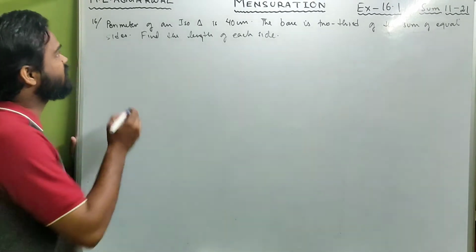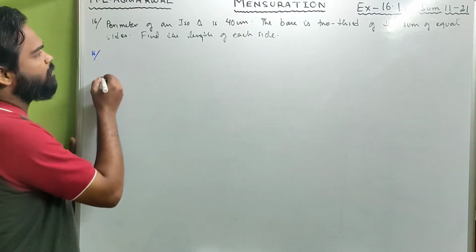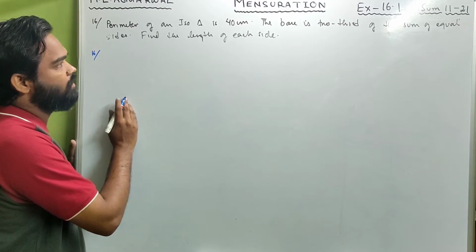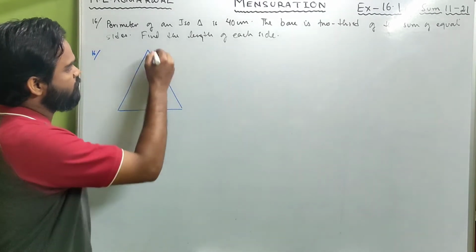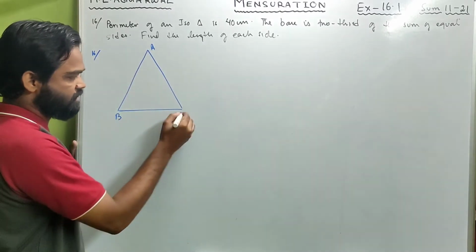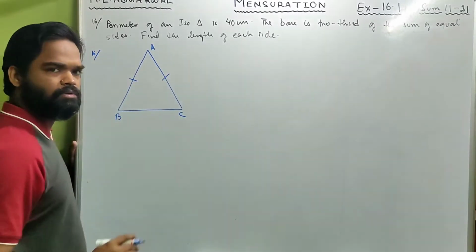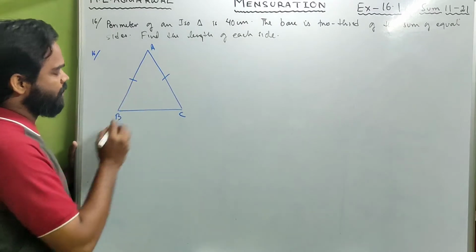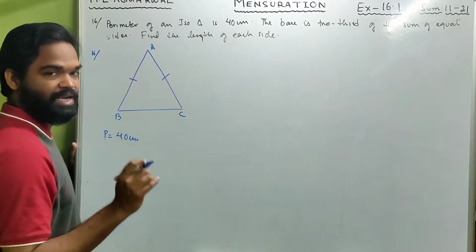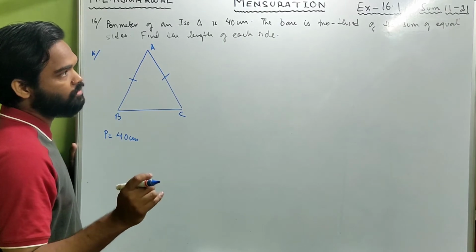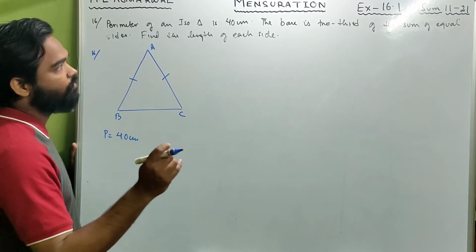Now look at sum number 16. Perimeter of an isosceles triangle is 40 centimeter. So you have an isosceles triangle, suppose ABC. We are taking AB is equal to AC. The perimeter is given as 40 centimeter. The base is 2/3 of the sum of the equal side.